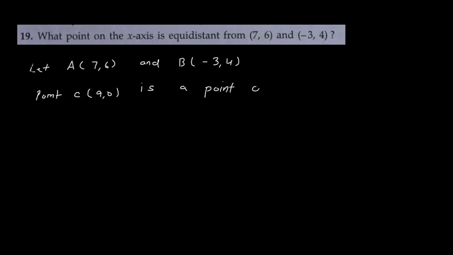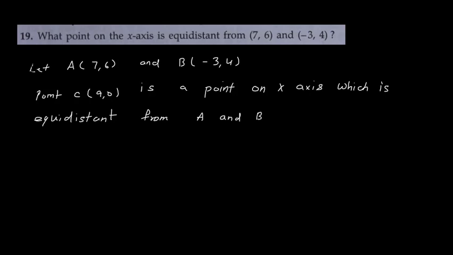I will say that I have point A as 7, 6 and I have point B as -3, 4, and I will say point C is a point on the x-axis, so it is (a, 0), which is equidistant from A and B.